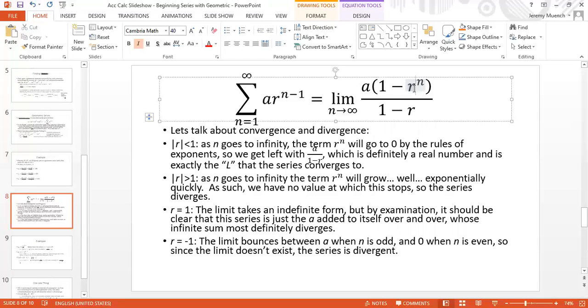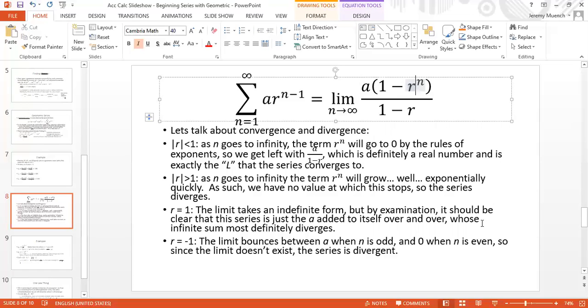And then finally, when r is -1, you might not have an infinite sum, but the limit certainly doesn't exist. It's oscillating in a discontinuous way. It's just bouncing back and forth between a value of a when n is odd, or 0 when n is even.